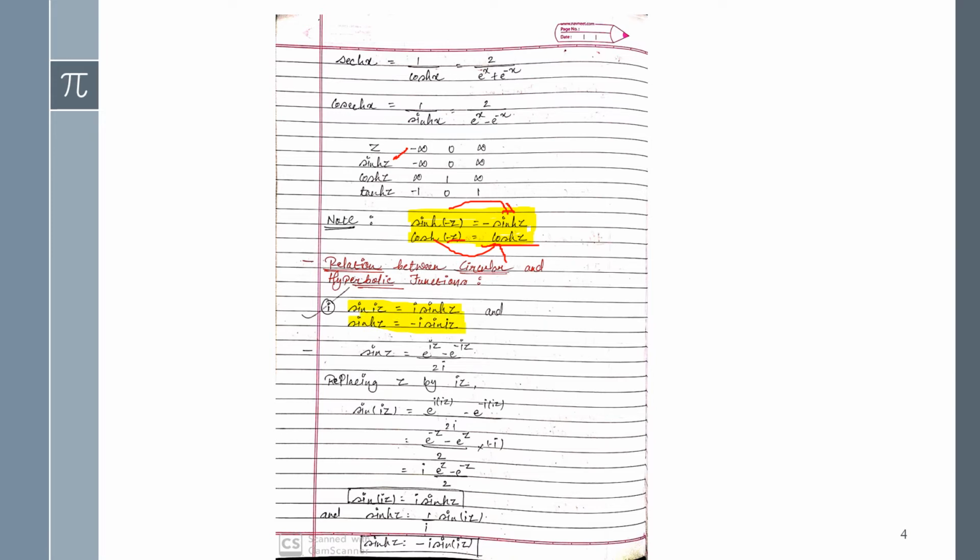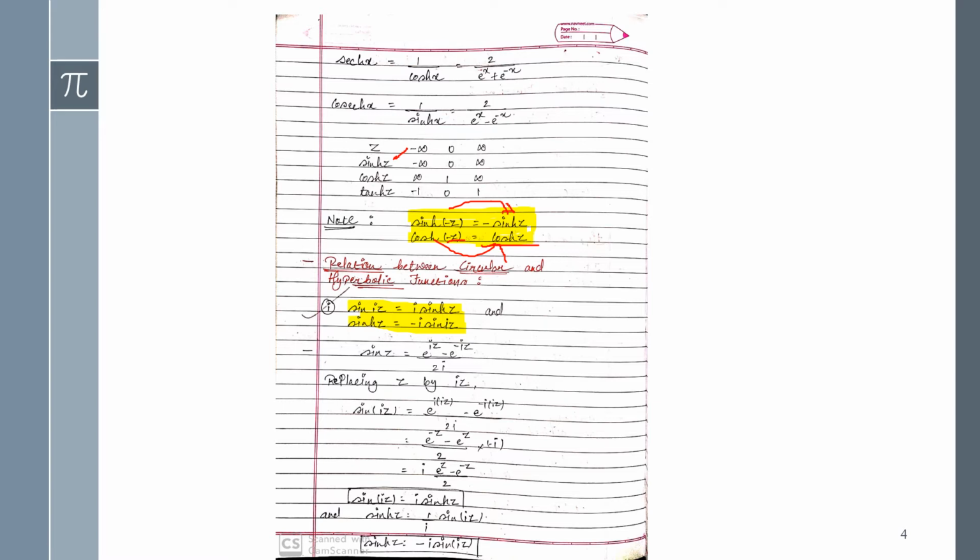sin iz, the circular function, equals i into sin hz, and sin hz equals minus i into sin iz. And here I have given its proof, and the proof is actually not coming in the exams, but for your information I have written it, if anybody wants to do it.